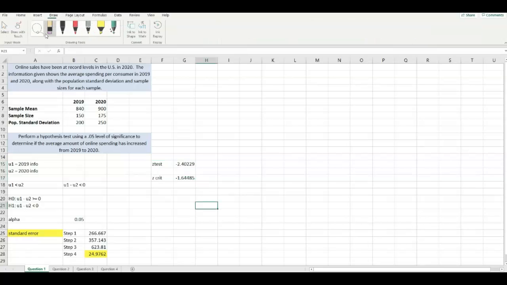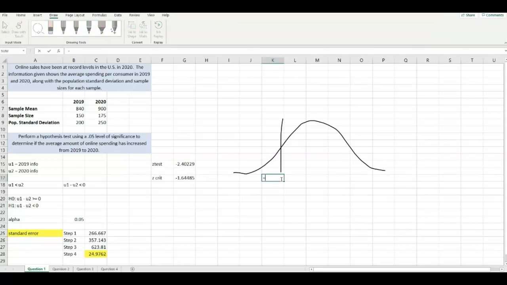So if we draw out a bell curve and we put our critical value here of this negative 1.645, that critical value sets what we are going to call the rejection zone.